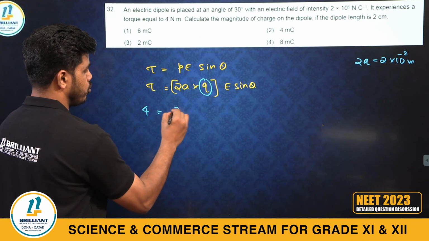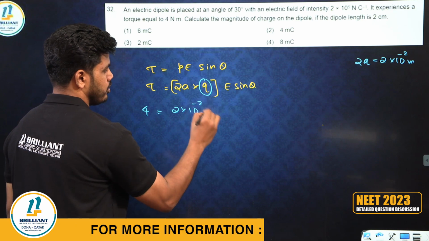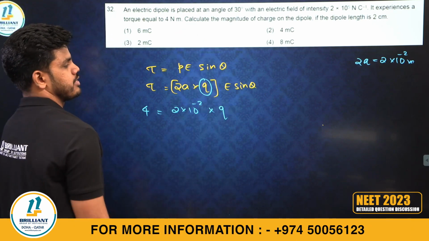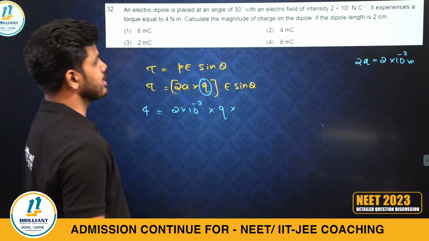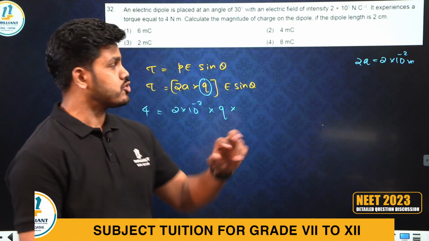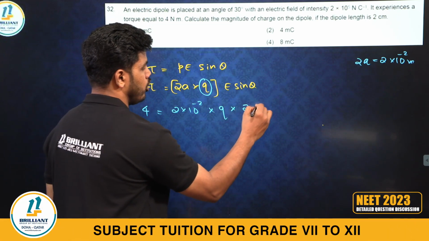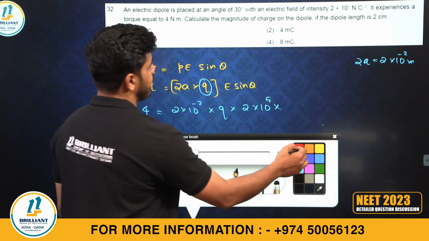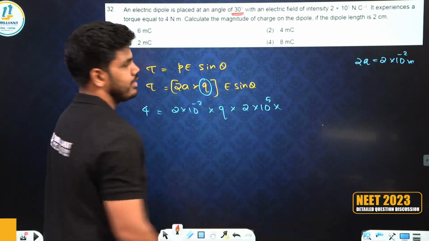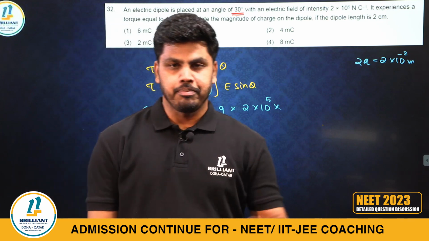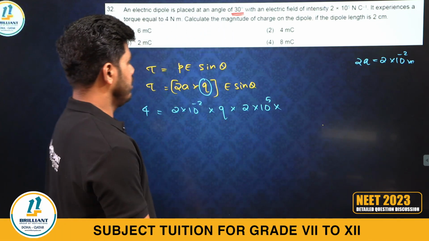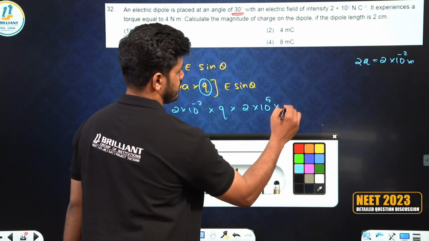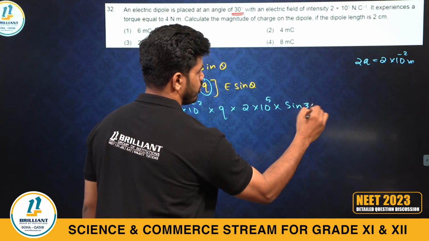We'll substitute that. 2 into 10 raised to minus 2 into Q, which is to be calculated, into E, the electric field strength in the region, 2 into 10 raised to 5 Newton per Coulomb. So 2 into 10 raised to 5 into sine 30, since the dipole moment makes an angle 30 degree with the electric field direction. Sine 30 is going to be 1 by 2.